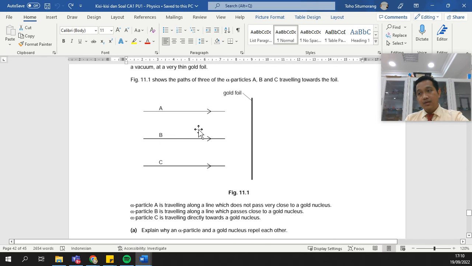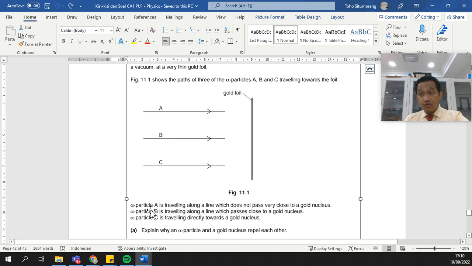Here, we do not need to discuss this, but you need to be very careful on this. Alpha particle A is traveling along a line which does not pass very close to a gold nucleus. If it does not pass very close, it can just go straight. While B is traveling along a line which passes close, it will be deflected downward or upward.